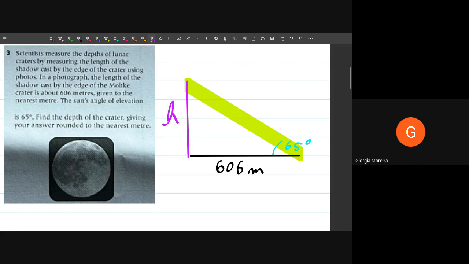In degrees. 65 in degrees. It's 2.14. The tangent of 65 is how much? 2.14. I don't know. Let me see.